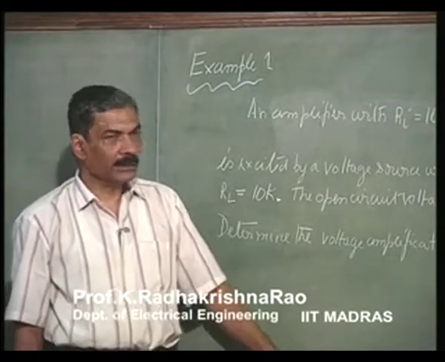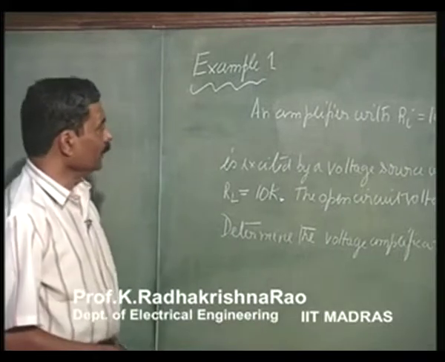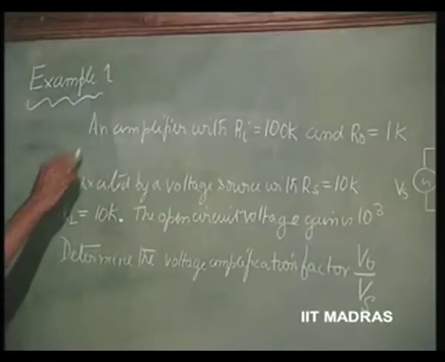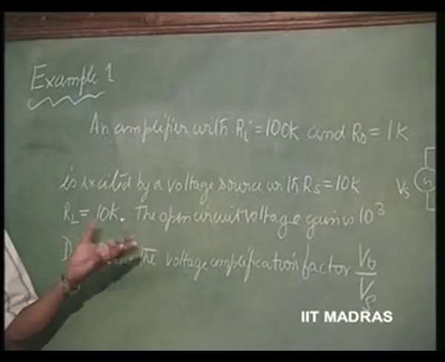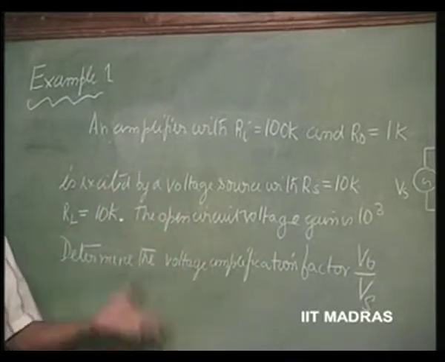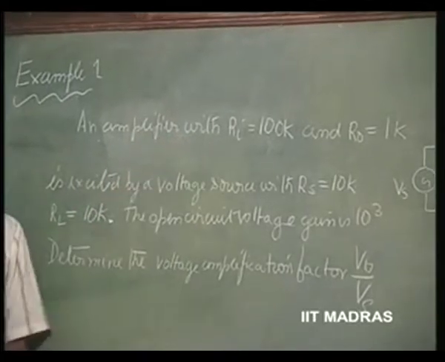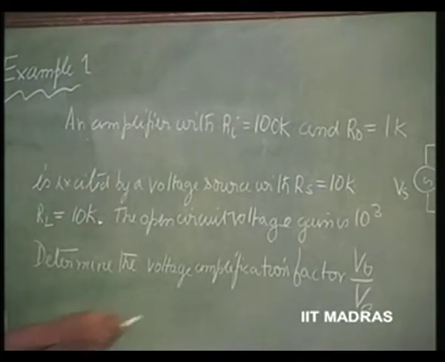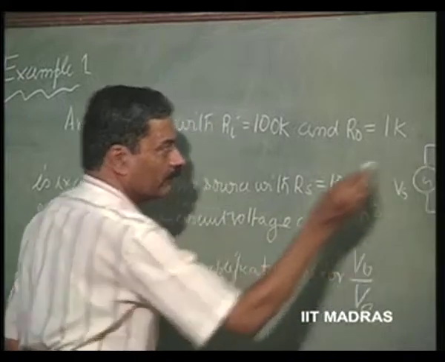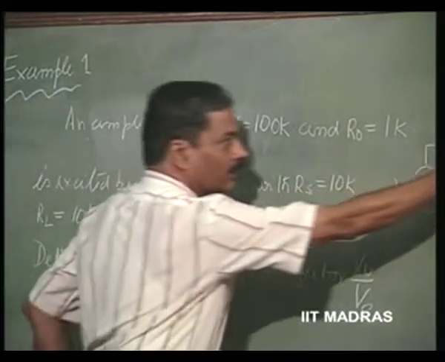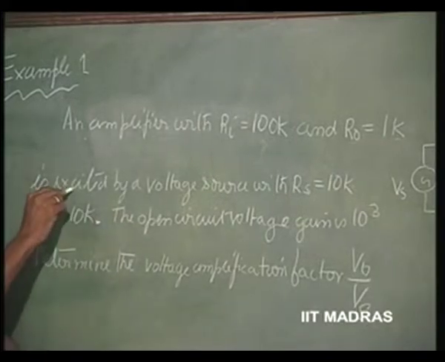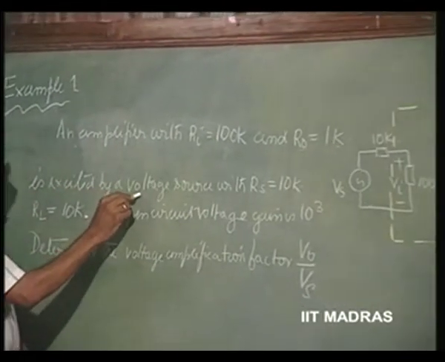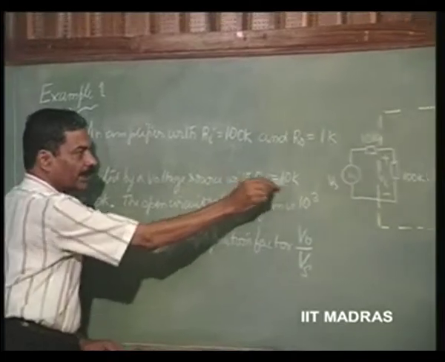Now, let us try to work out an example. An amplifier, we do not know what type of amplifier it is, we will come to know only after we go through the entire problem, with Ri equal to 100 kilo ohm and R naught equal to 1 kilo ohm, is excited by a voltage source with source resistance equal to 10 k.